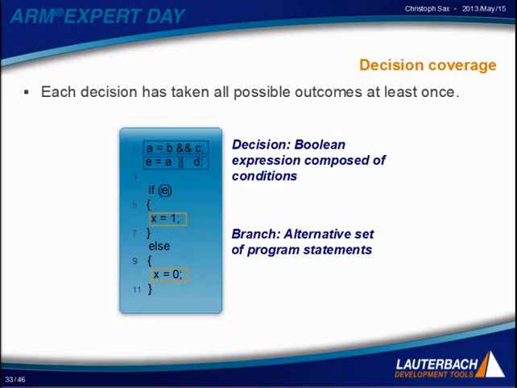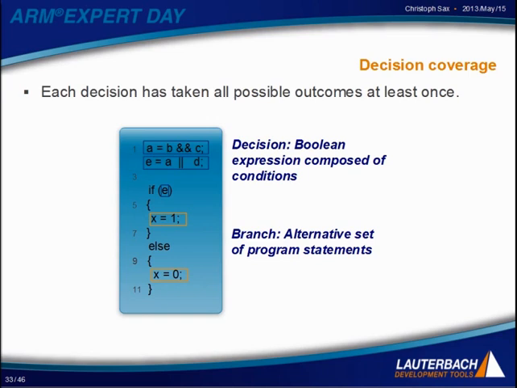The third one is decision coverage, which means that each decision in our code has taken all possible outcomes, and this is quite similar to branch coverage. The difference is only a matter of the definition of the terms decision and branch.